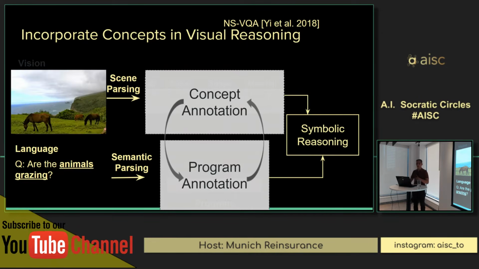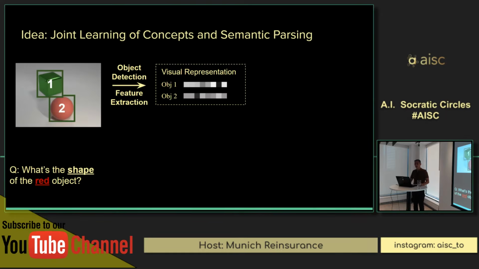So you first start with learning the concepts, and then you proceed to parsing new sentences. Let's try to understand how it works step by step. So we first detect objects in the scene and extract visual representation for each of the objects.